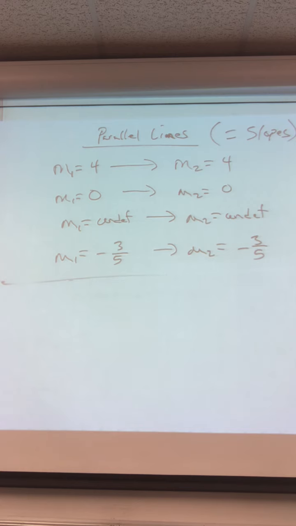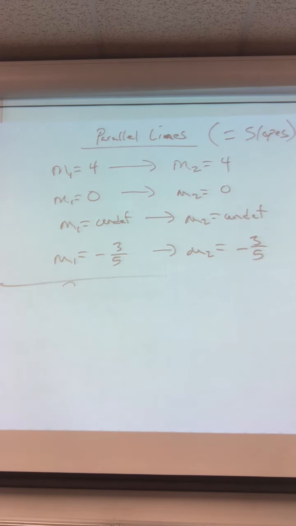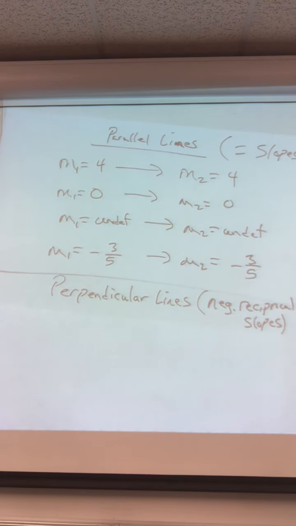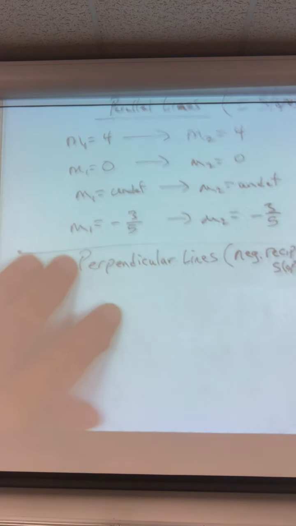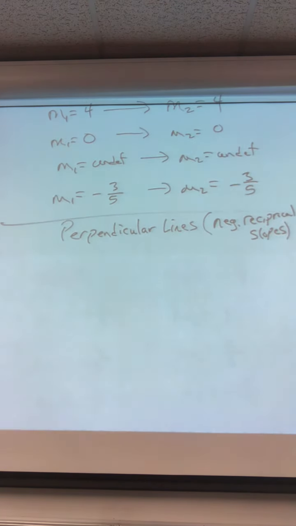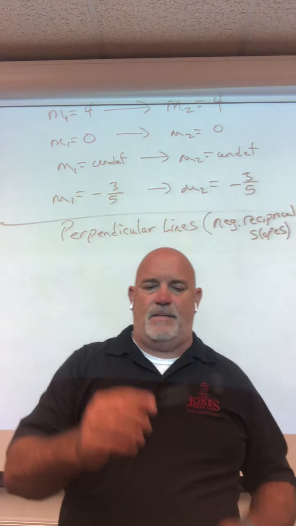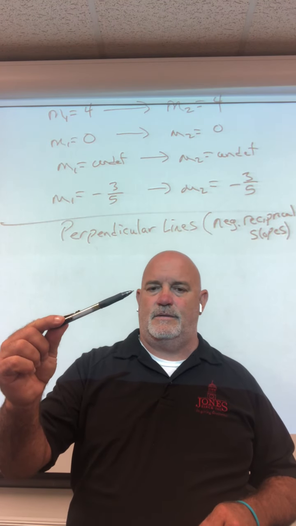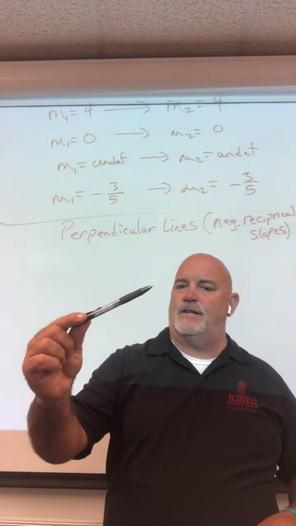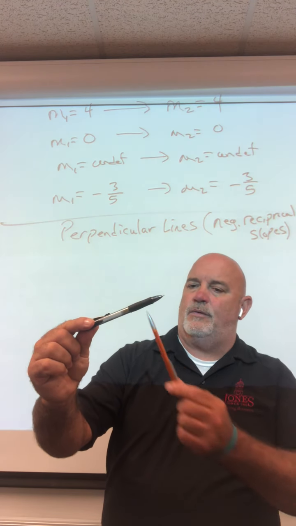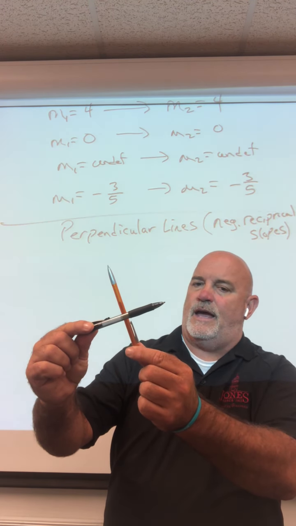Now let's talk about perpendicular lines. Before we talk about that, let me give you kind of a visual. If I had a line that looked maybe something like this, what would the line that is perpendicular look like? It would be something like that.